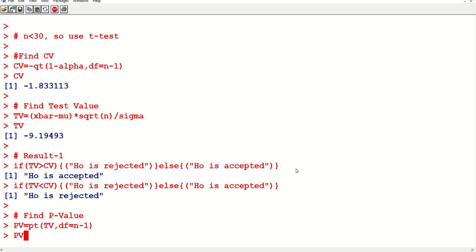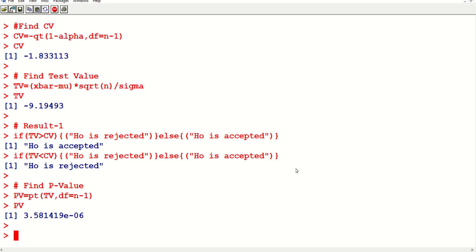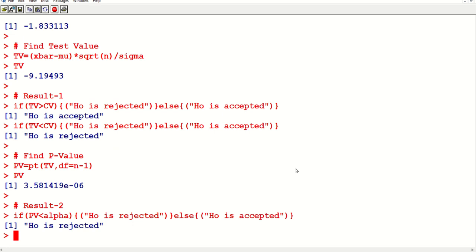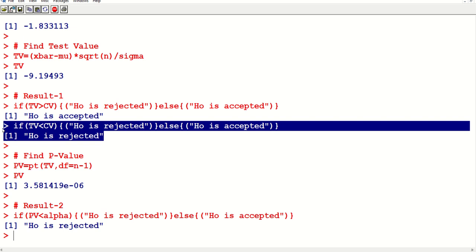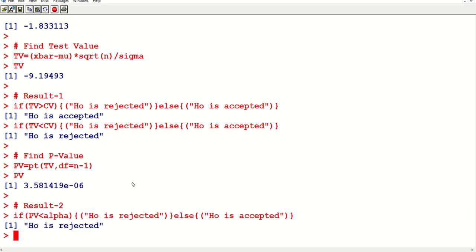And if you will calculate it, this is coming here. This is the P value. And now calculate the result using the second method. And if you will calculate it, H naught is rejected. So you can see with the critical value and test value method rejected, with the P value and alpha also rejected. This is how we are calculating the hypothesis testing in case of less than.